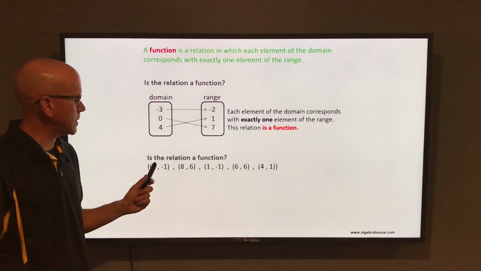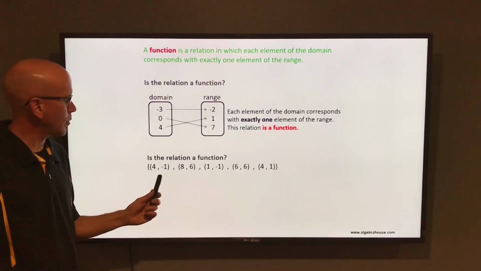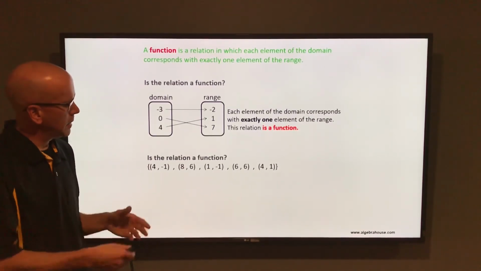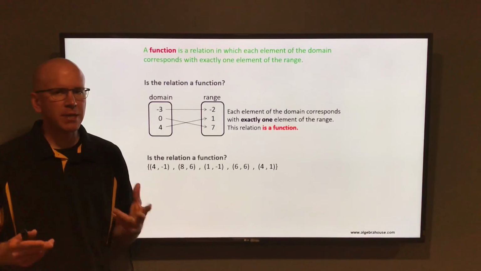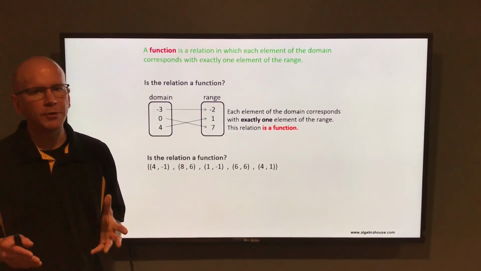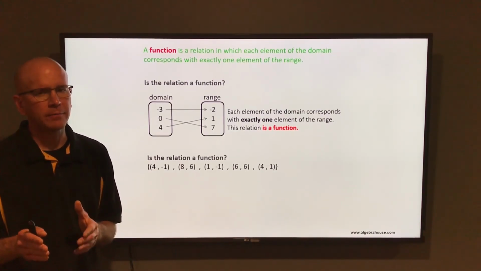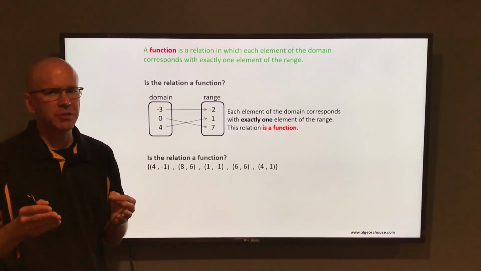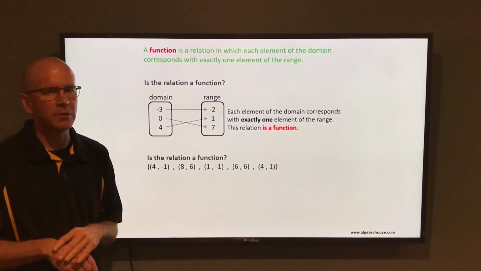Next, is this relation a function? The pairs are 4, -1; 8, 6; 1, -1; 6, 6; and 4, 1. Look at that. Does each x value match up with or point to exactly one y value? You cannot have an x value that matches up with or points to two different y values. That's not a function.